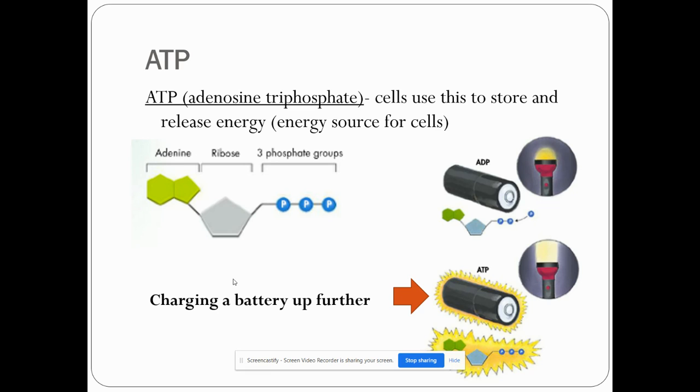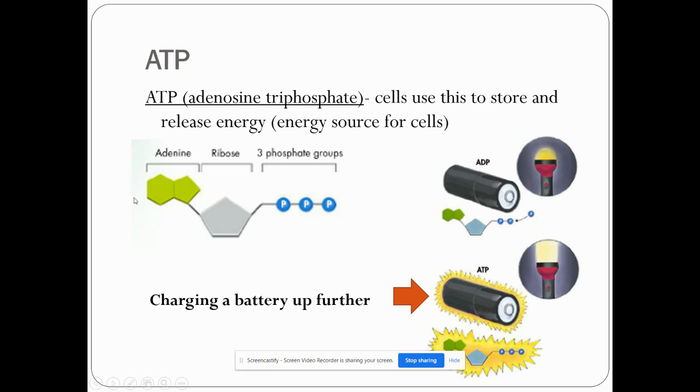Okay. So we've got a 3-part molecule. In the middle here, we have, I lost my cursor, we have ribose, which is a sugar. This will come into play a lot more in the future when we talk about DNA. You've probably heard that part of the word before in DNA.